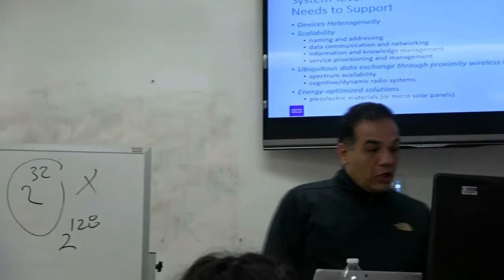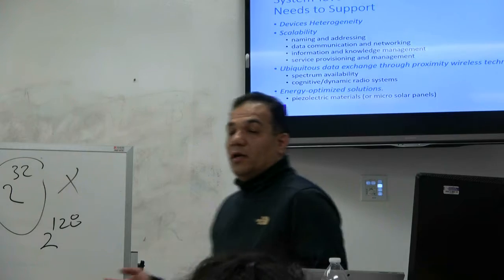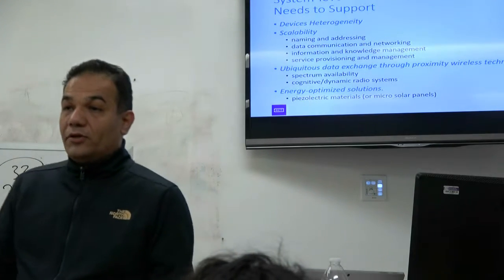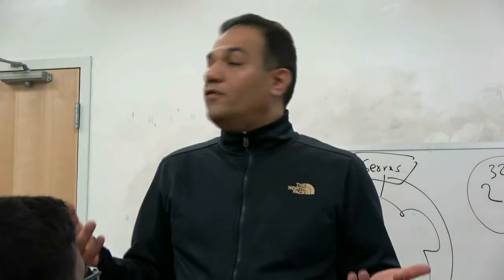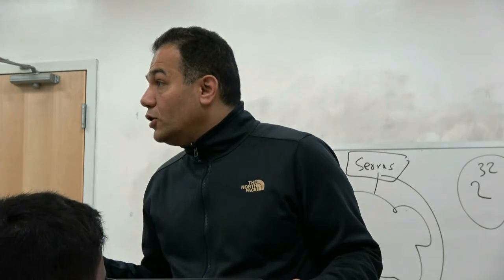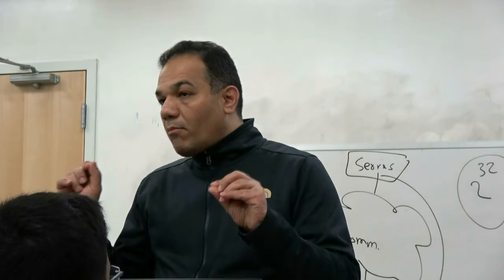Then, energy optimized solutions. These devices run out of batteries. If you work in wireless sensor networks, read any definition of a wireless sensor network, you know what they tell you? It's unattended devices. That means you throw them somewhere and never get them back.